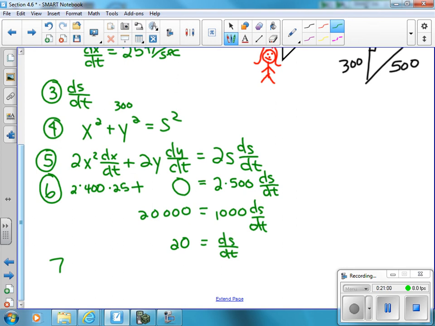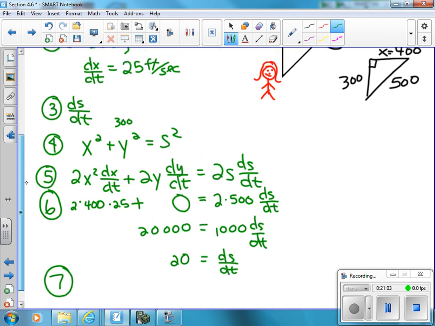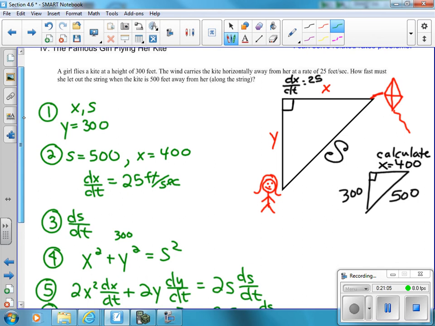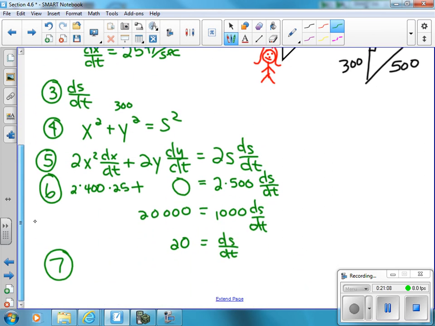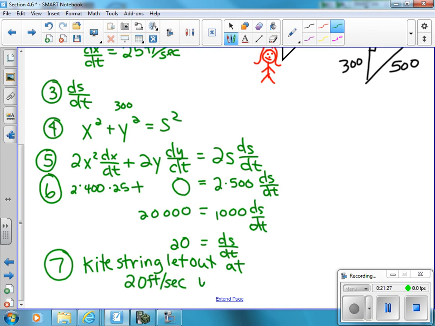So ds/dt, that means how fast she lets out the string: the kite string must be let out at a rate of 20 feet per second when the kite is 500 feet away from her.